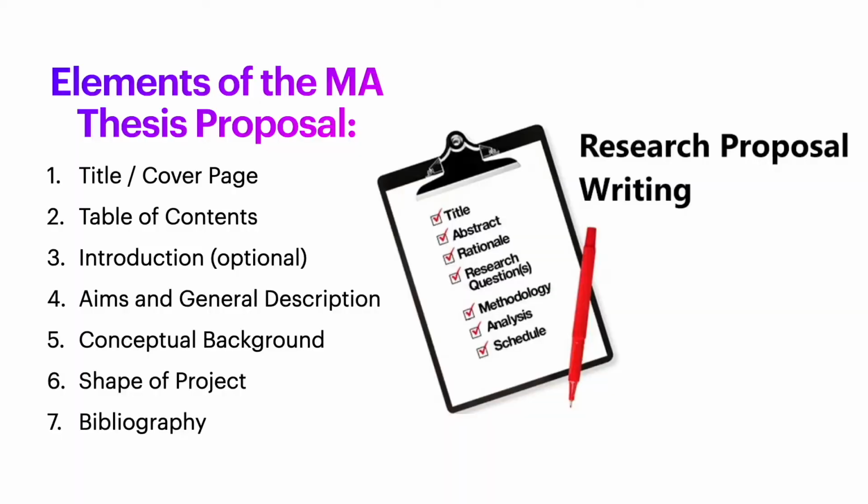We're writing all our proposals in our department in English. Nonetheless, the elements of it, its components, its different parts, are the same as they would be in Hebrew. They can include this cover page, table of contents, the table of contents which lists these following parts.